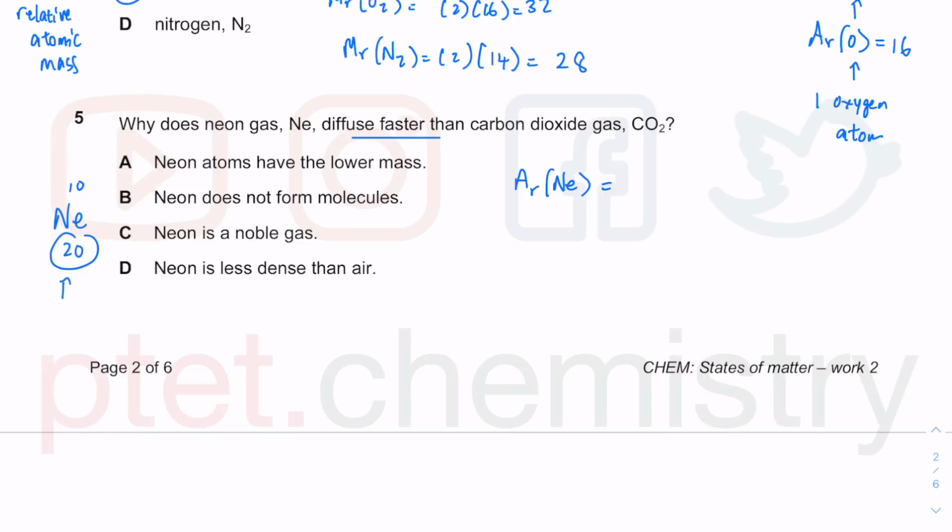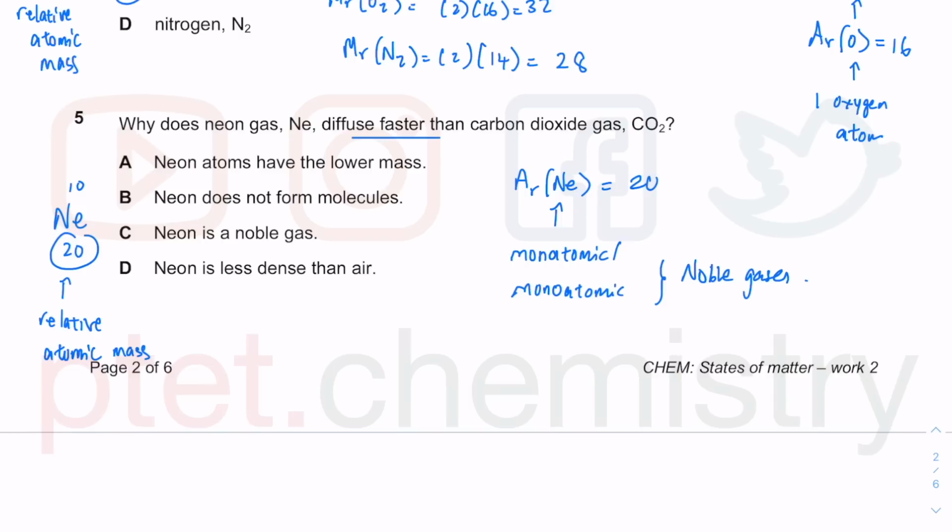Let me label it properly: relative atomic mass, so it's for one atom. And we know that neon is monatomic, or monoatomic. It exists as single atoms because it is a noble gas, in group 8.